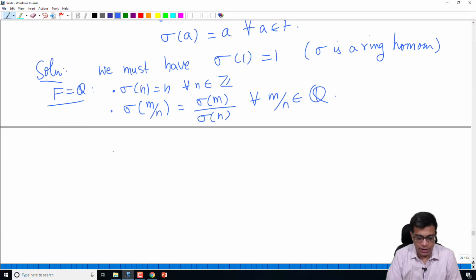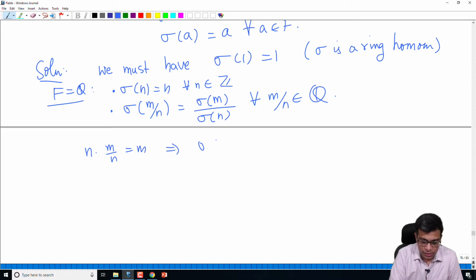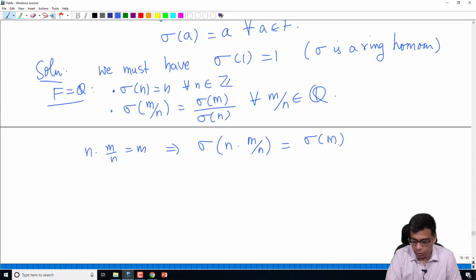For the second condition, what we have is n times m by n is m, right? So this implies sigma of n times m by n is equal to sigma of m, which is m. We have already shown that sigma fixes integers. This is clear because sigma 1 is 1.